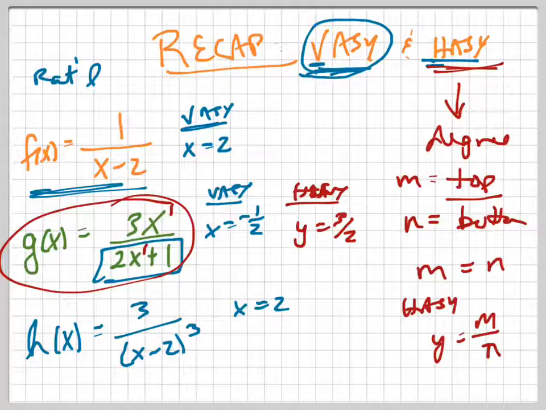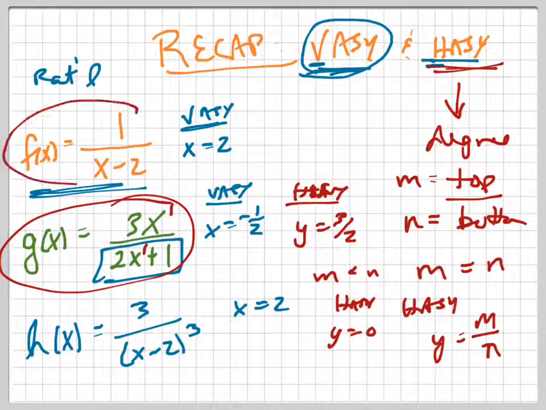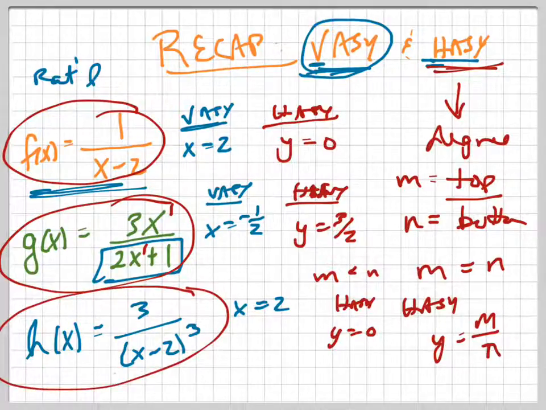If m is less than n, meaning the degree of the top is less than the degree of the bottom, then the HASY is automatically just y equals 0. So for this one right here, the HASY is y equals 0. Same with this one. The degree of the top is less than the degree of the bottom, so the HASY is also y equals 0 for that one.